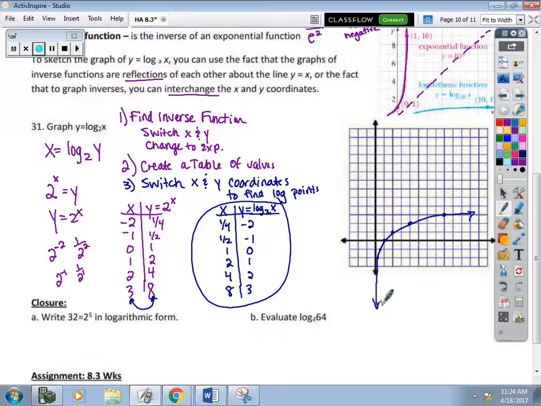Now, if you wanted to graph the other one, you could also graph that one. If you want to graph both, make sure you label them. But this is not required.